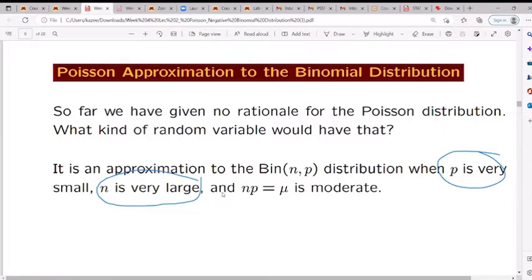Don't forget, in binomial distribution, P represents the probability of success, and N is the number of trials. In the situation where the number of trials is very, very large, and the probability of success is very, very small, of course, the binomial distribution is basically going to converge to Poisson distribution.